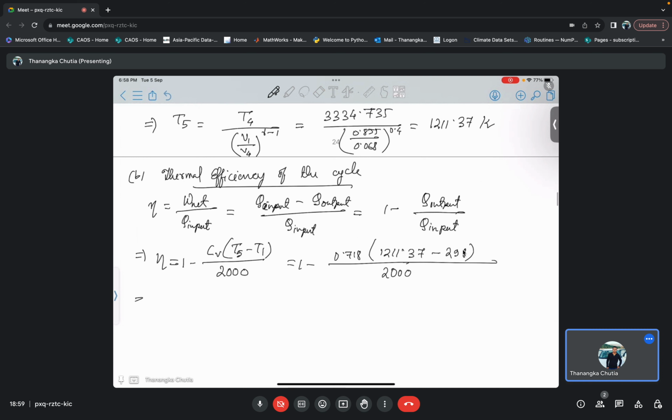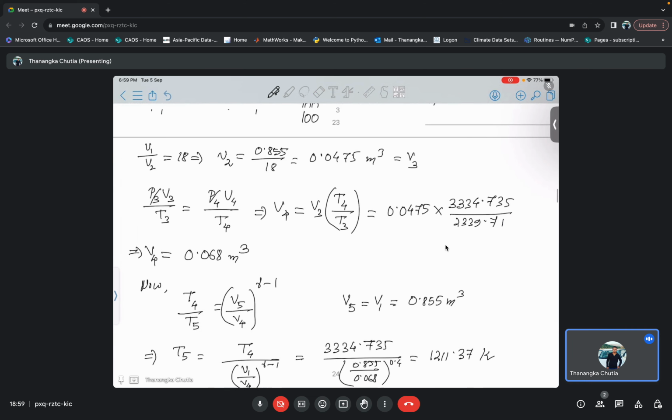Okay, so eta will now be equal to 1 minus 0.718 into 1211.37 minus 298, divided by 2000. So you'll get this as 67.2%. Okay, fine.